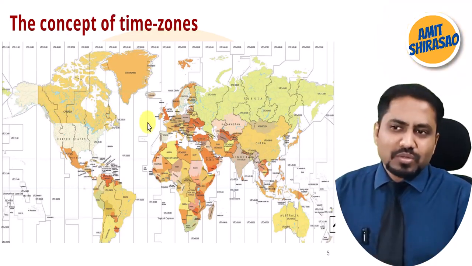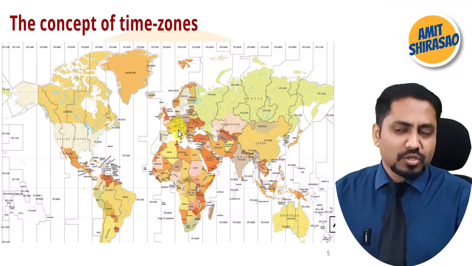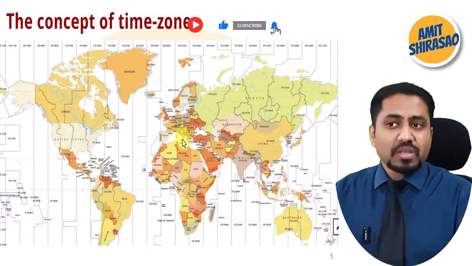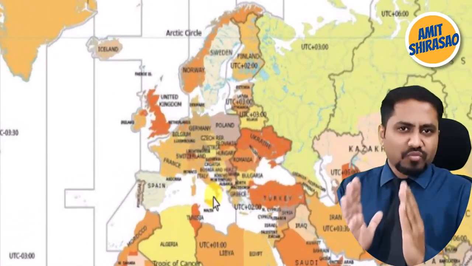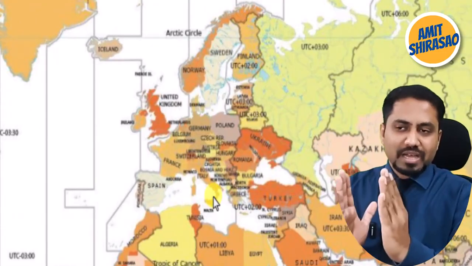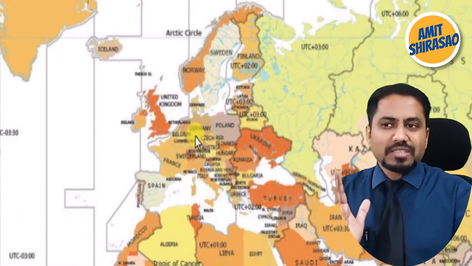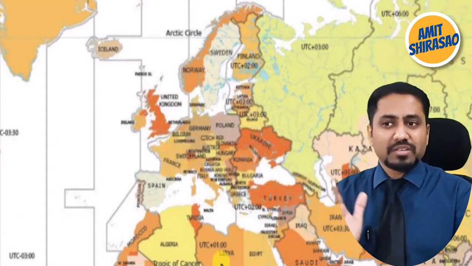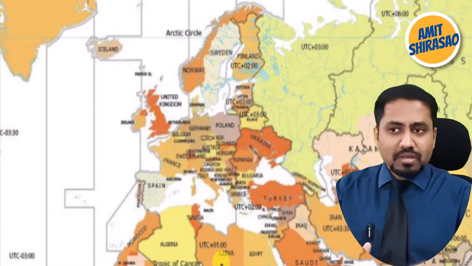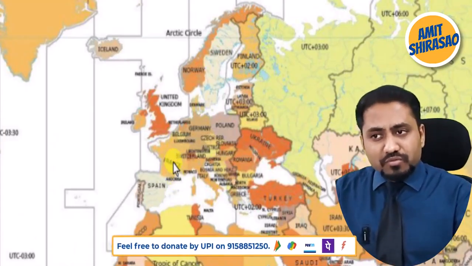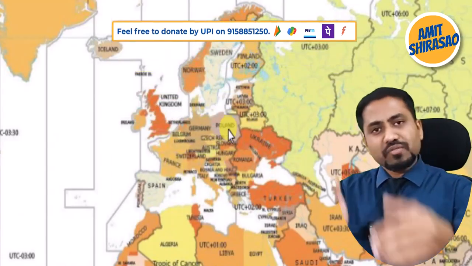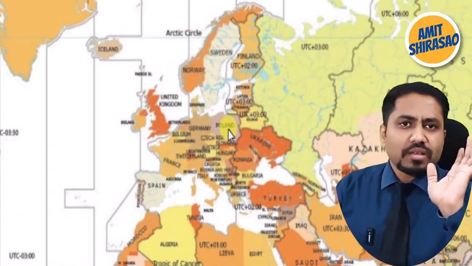Another thing that you will notice is certain countries of the world, although they are different countries, like here in Europe, there are so many small countries, but normally they don't even fall under the same geographical stripe. But they will still say, okay, France, Germany, Poland, actually they fall into different stripes, but from Spain, France, Germany, Poland, all of them follow one time zone.